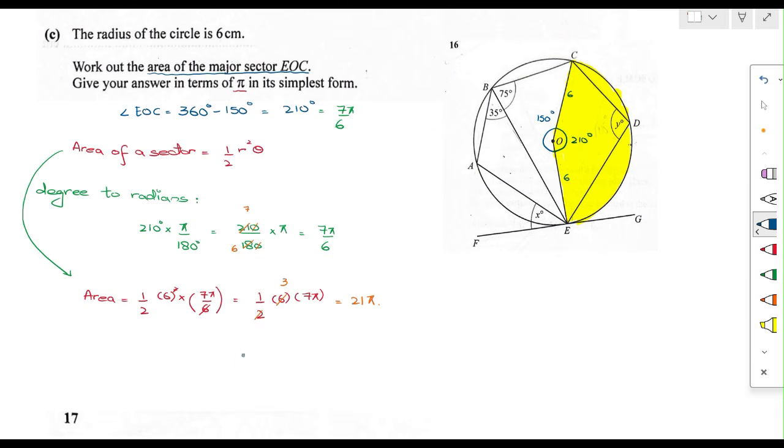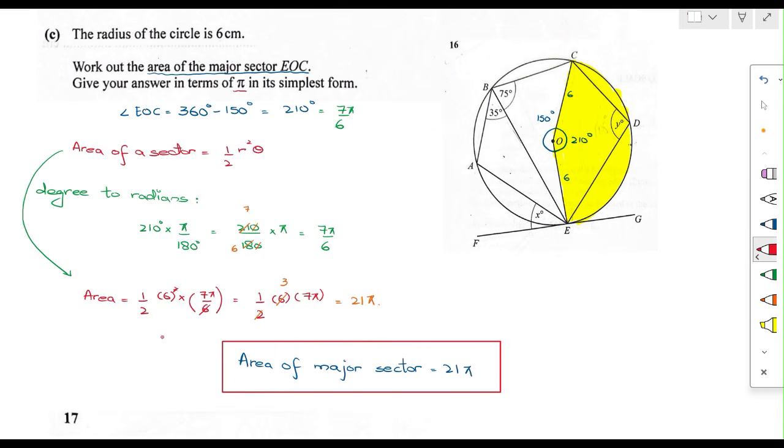Okay, so here we can say the area of major sector is equal to 21 pi. This is the area for the major sector. All right.